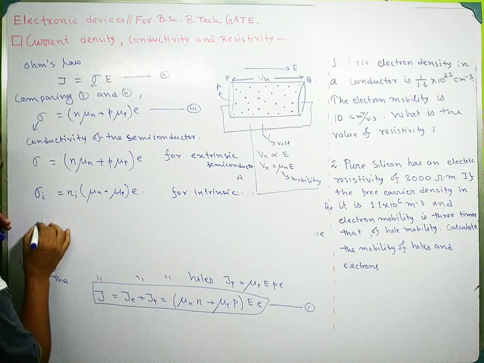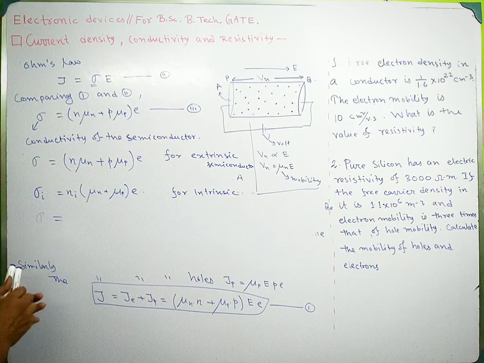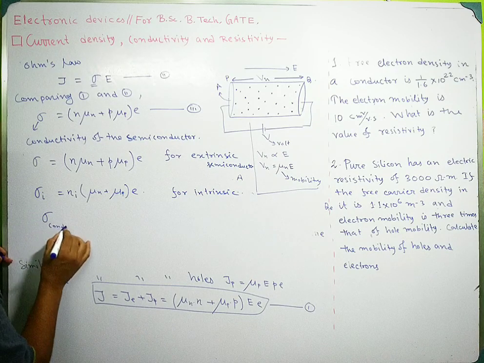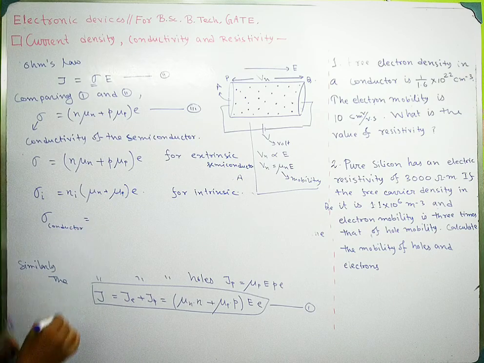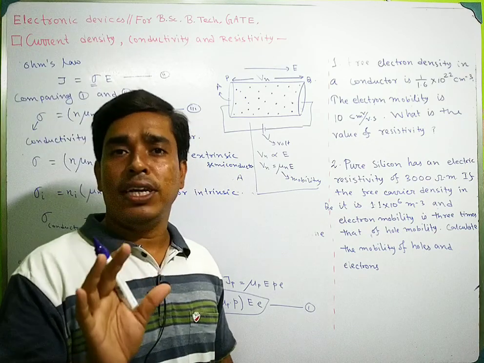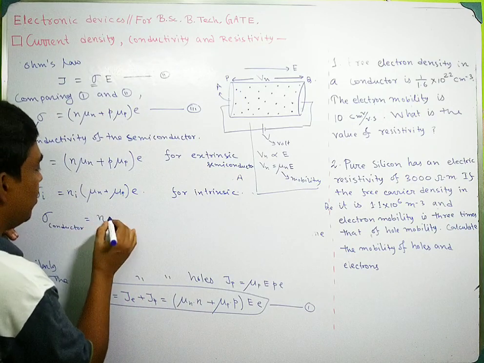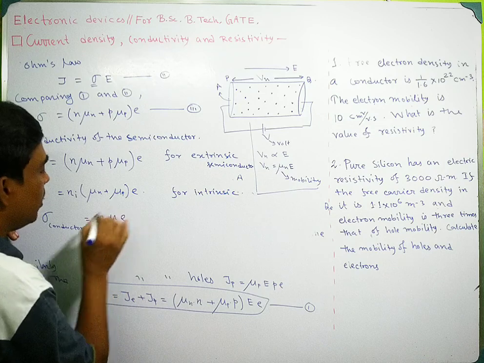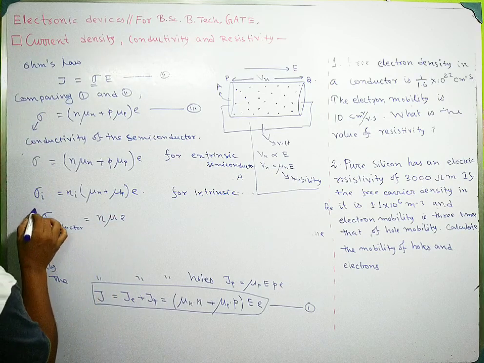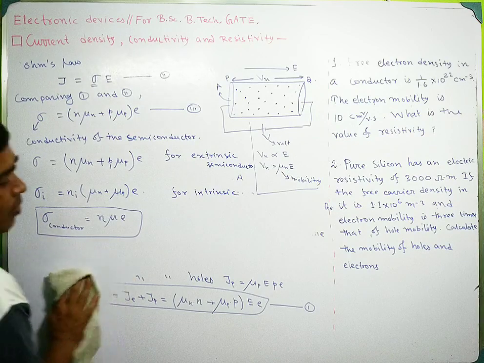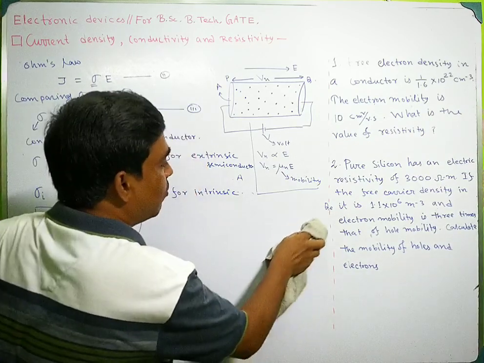Conductivity for a conductor can be written as follows. A conductor contains only free electrons, that's why the conductivity is given by N mu E. This is the conductivity for a conductor, N mu E.